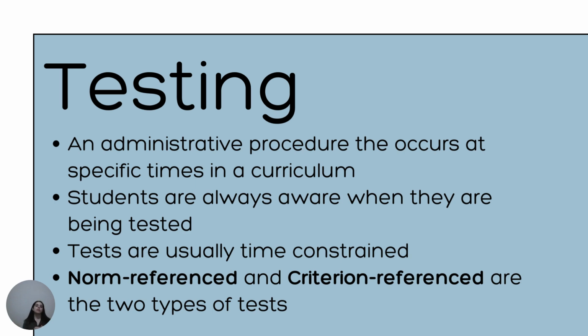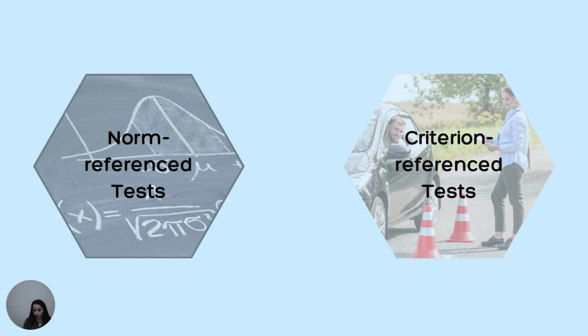We also break testing into norm-referenced and criterion-referenced tests. Let's look at them, starting with the norm-referenced ones. In the norm, we have a curve. We need other students.